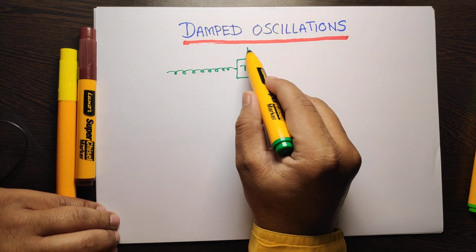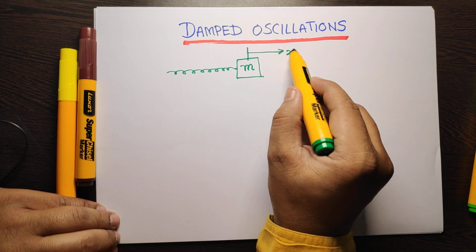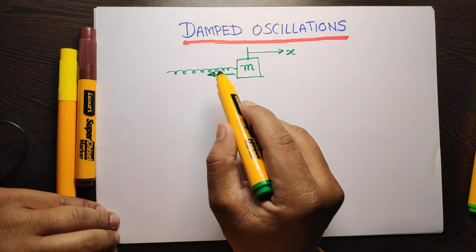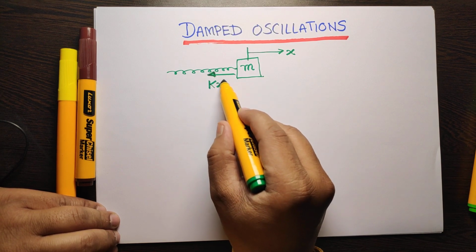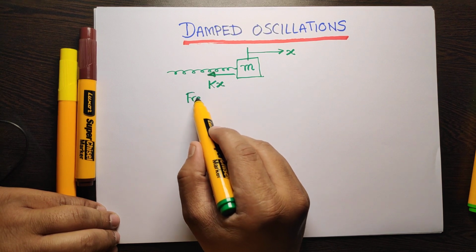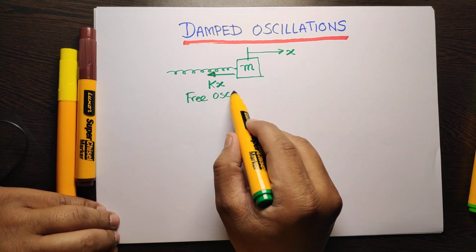That means if you displace the body by x, then the spring force, or the restoring force, in free oscillations is kx only. So this is free oscillation.